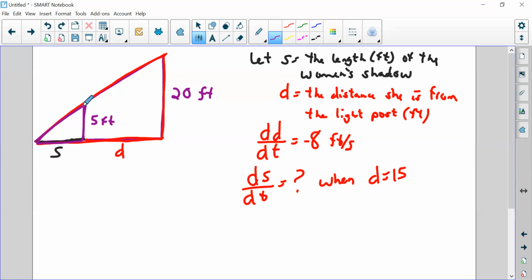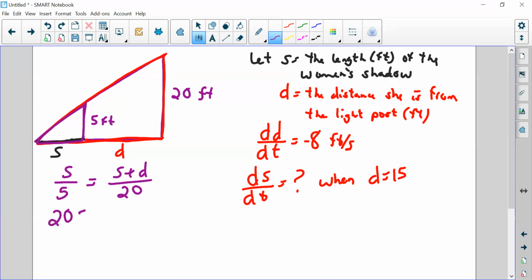For the small triangle, we can look at S is to 5, as in the big triangle, D plus S is to 20. So you've related the corresponding sides of the small triangle to the corresponding sides of the big triangle. Notice this equation only has S's and D's. That's good, because I need to find the derivative of S and derivative of D.